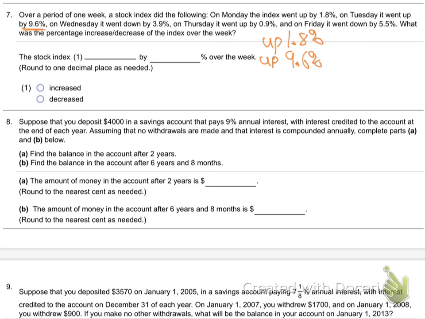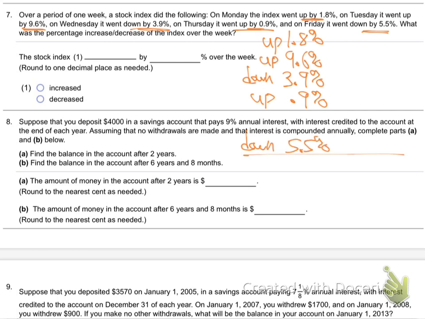I'm just going through the list here. And then it went down 3.9. And then it went up 0.9. And then last one it went down 5.5.